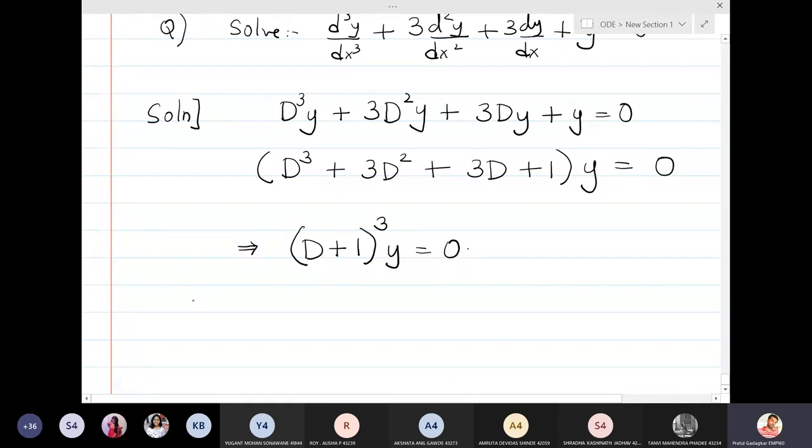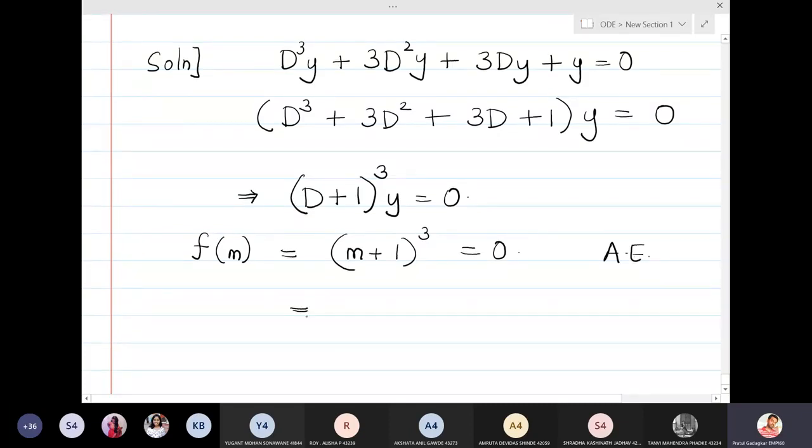So the auxiliary equation f(m) is m plus 1 cube equal to 0. This is the auxiliary equation, and therefore what are the roots? m is equal to minus 1, minus 1, minus 1, 3 times, real and repeated.